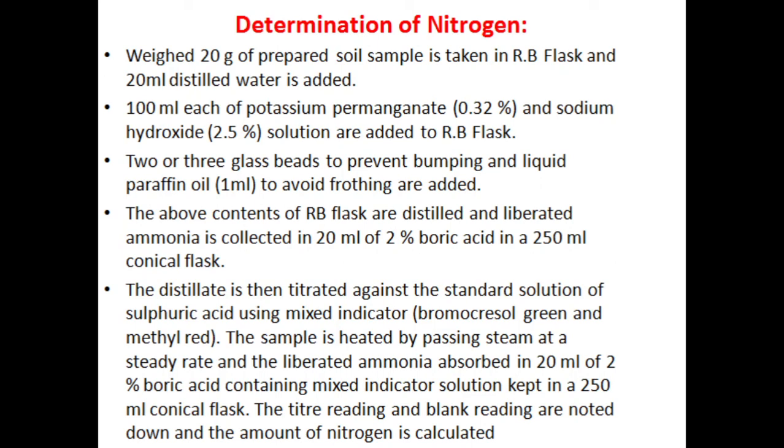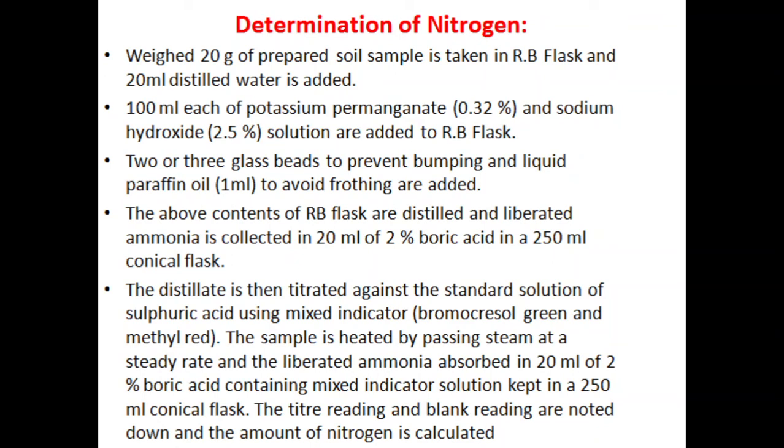Okay. The sample is heated by passing steam at a steady rate, and liberated ammonia is absorbed in 20 ml of 2% boric acid containing mixed indicator. Then the titration is carried out, and you just take the titer value, the burette reading.